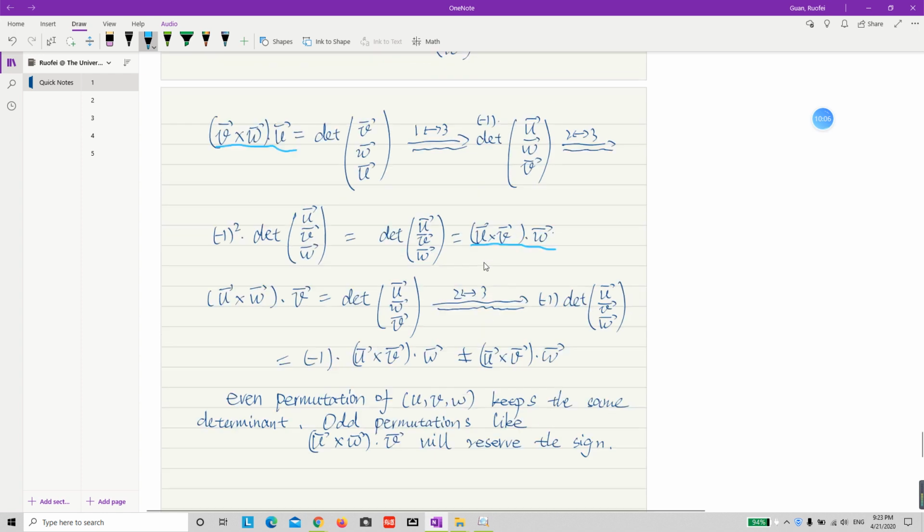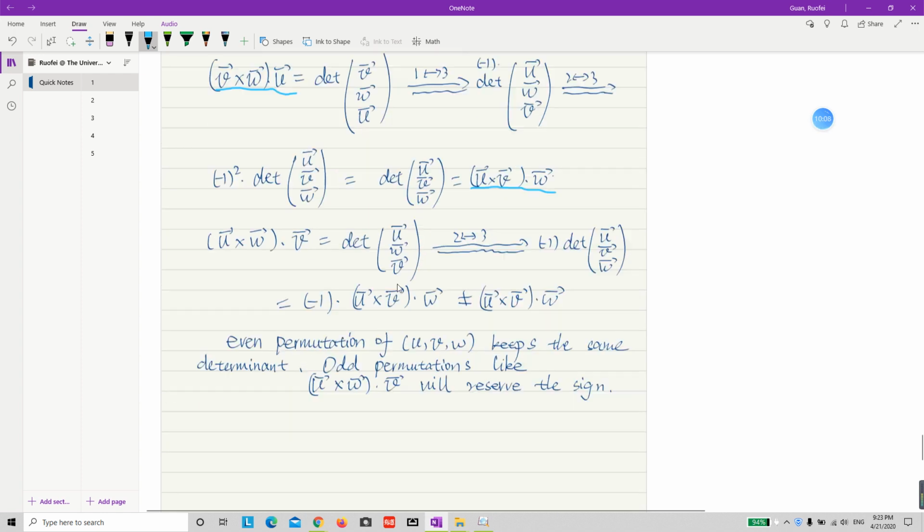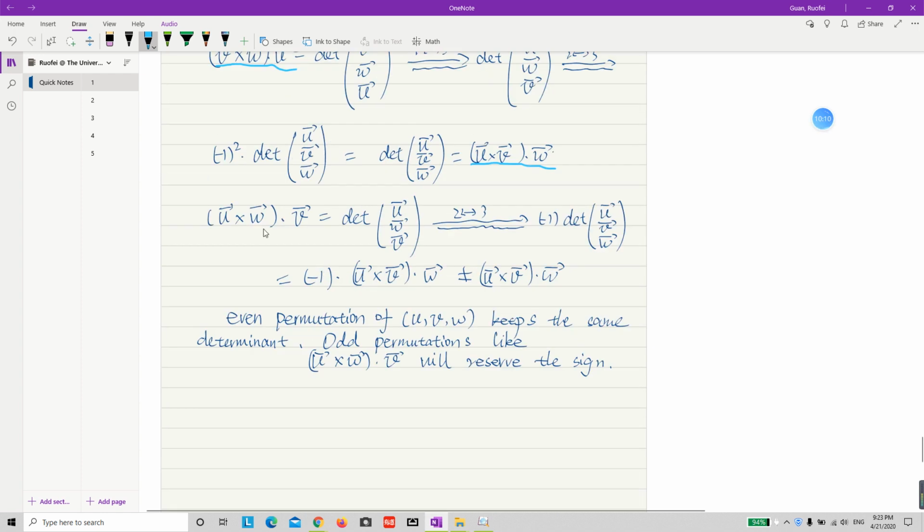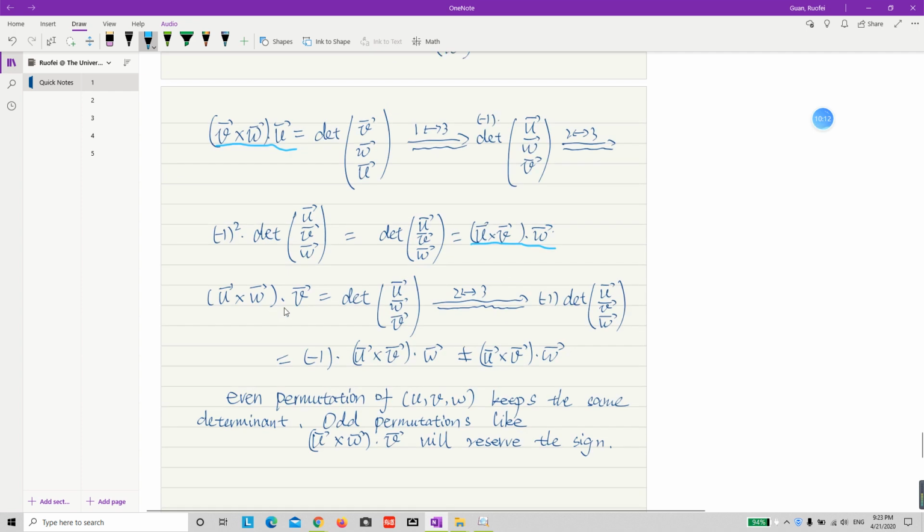Let's see the last one. So U cross W dot V equals determinant U. U is the first one, W second, V third, so UWV. Then we exchange the second row and third row.